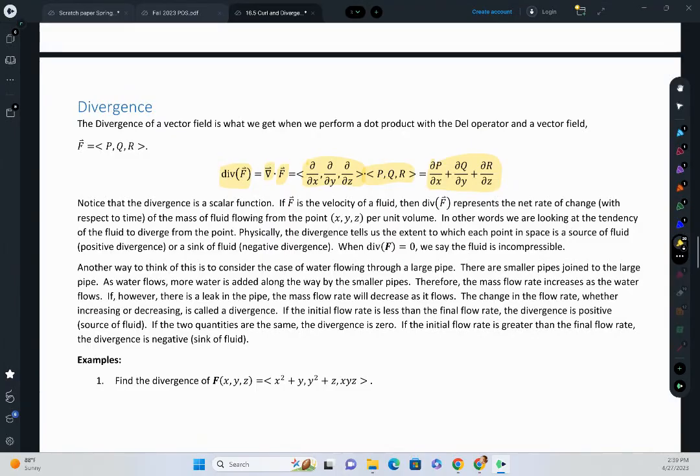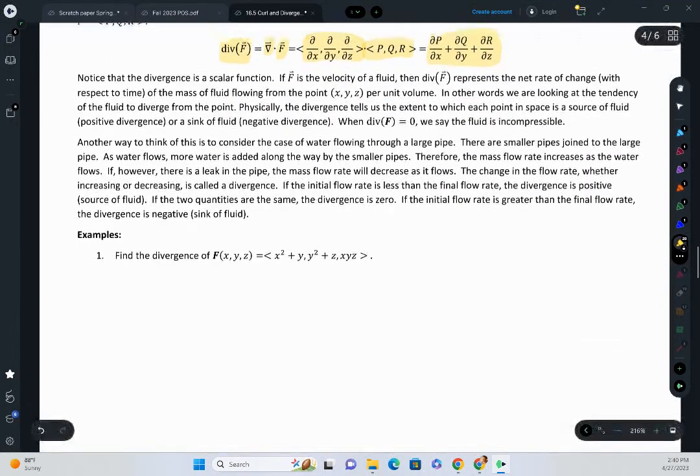Now, there are other examples of divergence other than water pipes, but it's one example, and it's the one that makes sense for me. Maybe for you, you come up with a different example of flow and how you could have sources or sinks in that flow of whatever it is you're thinking of.